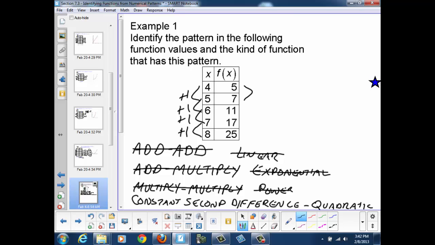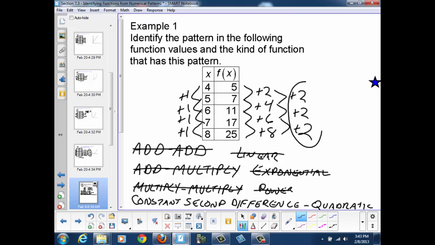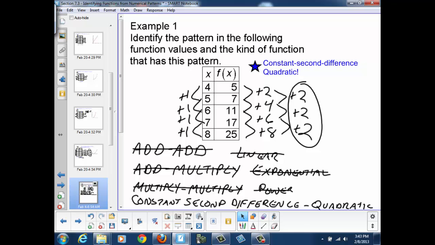I changed from 5 to 7 by adding 2, 7 to 11 by adding 4, 11 to 17 by adding 6, and 17 to 25 by adding 8. Now my second difference: I got from 2 to 4 by adding 2, 4 to 6 by adding 2, and 6 to 8 by adding 2. I do have a constant second difference. So that constant second difference tells me I'm working with a quadratic function.